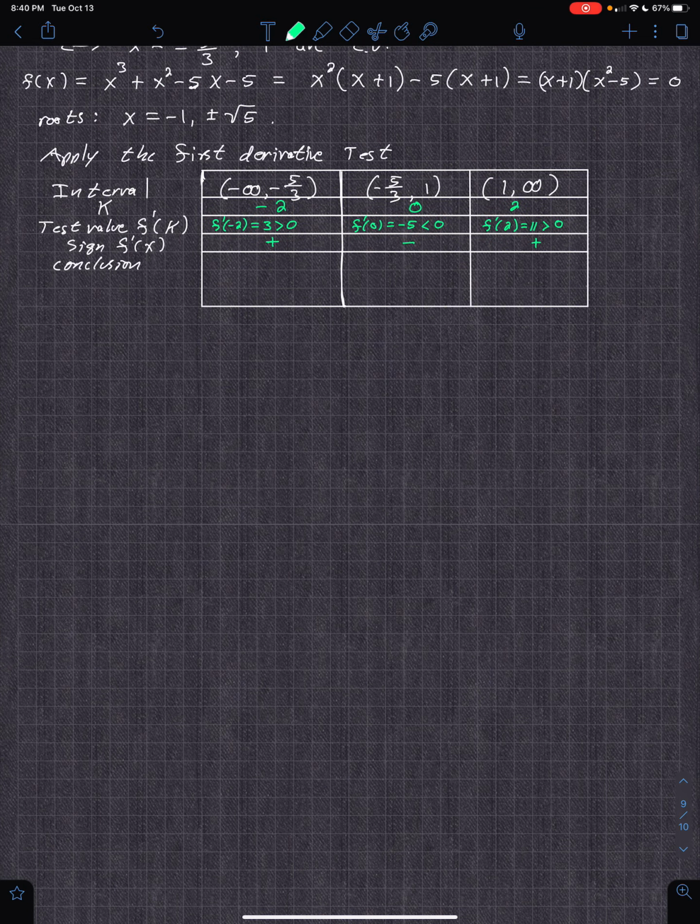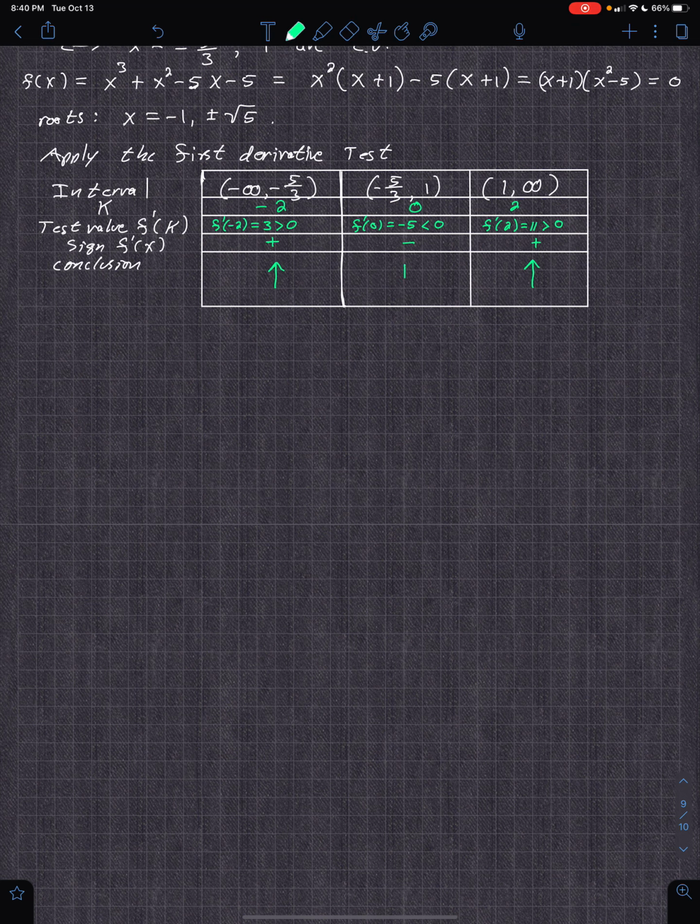If the derivative is positive from negative infinity to negative 5/3, then my function's increasing. Negative means decreasing, and then again increasing. So I went from increasing to decreasing.